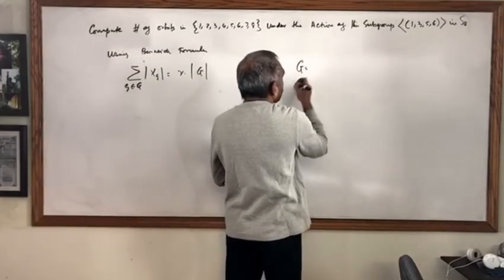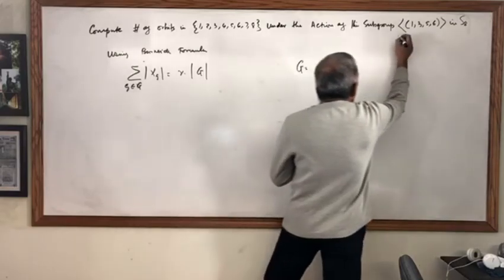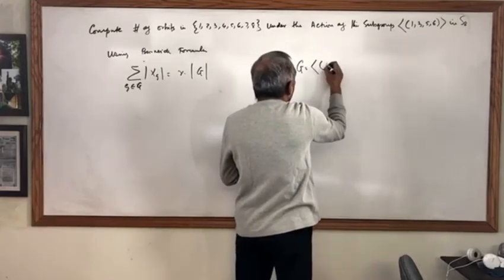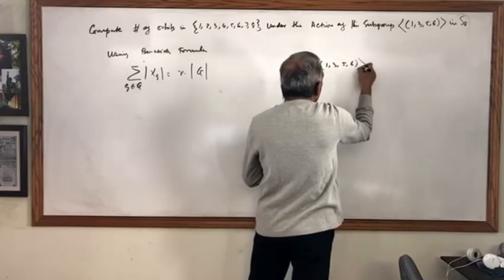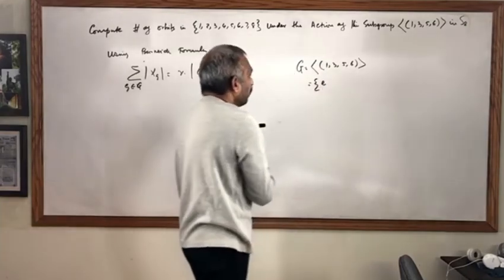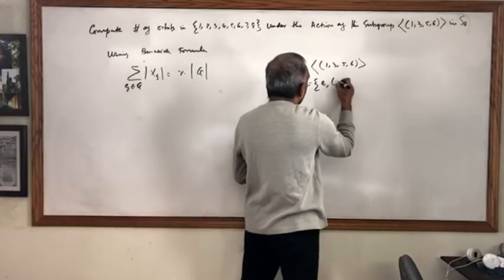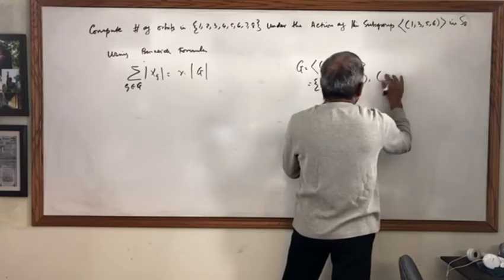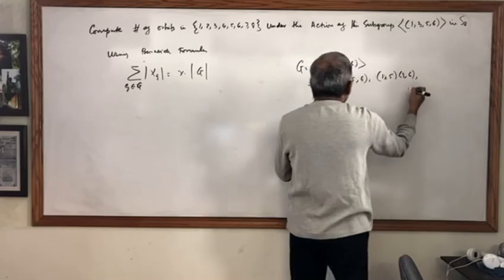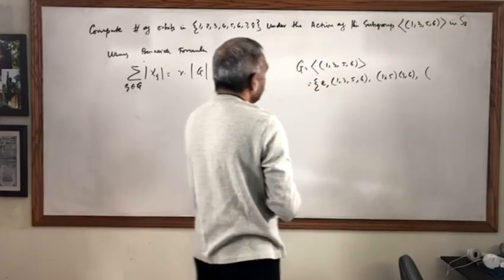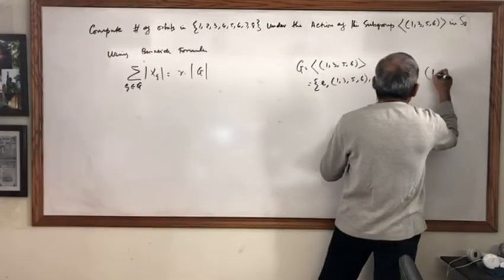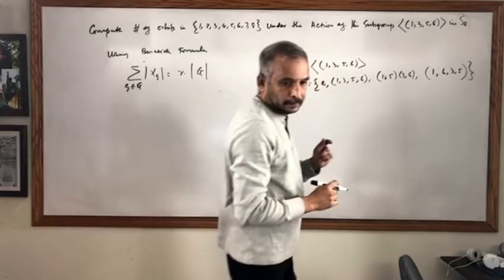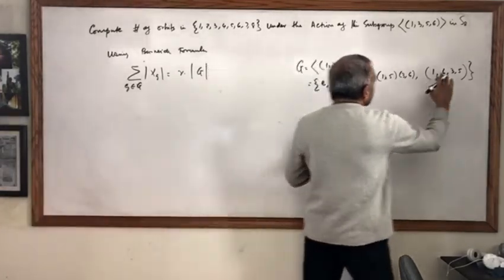G here is actually the subgroup generated by this permutation (1, 3, 5, 6), and of course you will have the identity permutation, and you will have (1, 3, 5, 6), and you will have (1, 5)(3, 6), and you will have (1, 6, 5, 3).